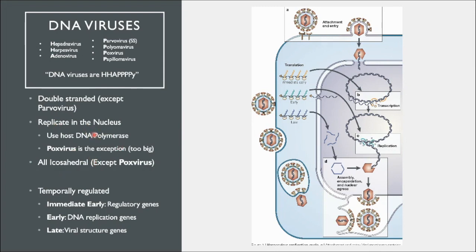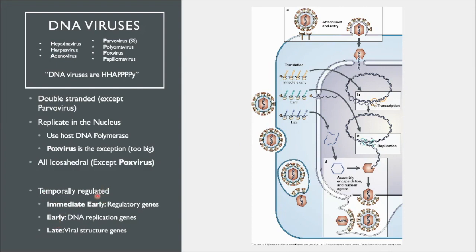Because they use DNA polymerase, it has our built-in proofreading functionality. So DNA viruses are not prone to mutations the same way RNA viruses are, because it uses our proofreading. Another thing about DNA viruses is a lot of the time they are mediated in this temporal regulation process. And what that means is there are kind of three distinct phases of viral replication.